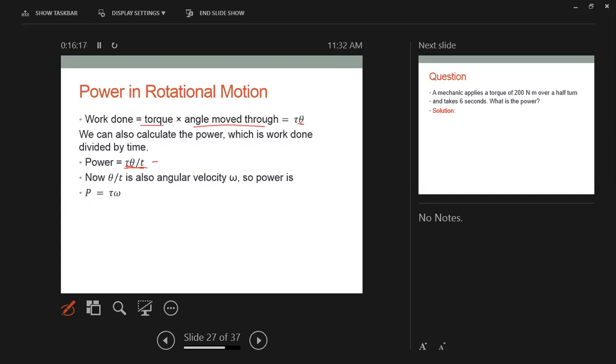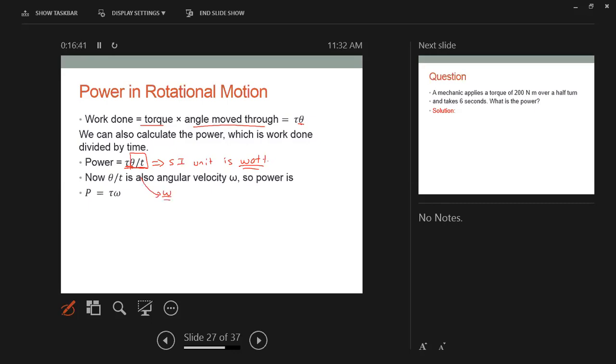The SI unit of power will not change. And remember, this theta over t, what does this mean? Angular displacement over time. It means angular velocity.